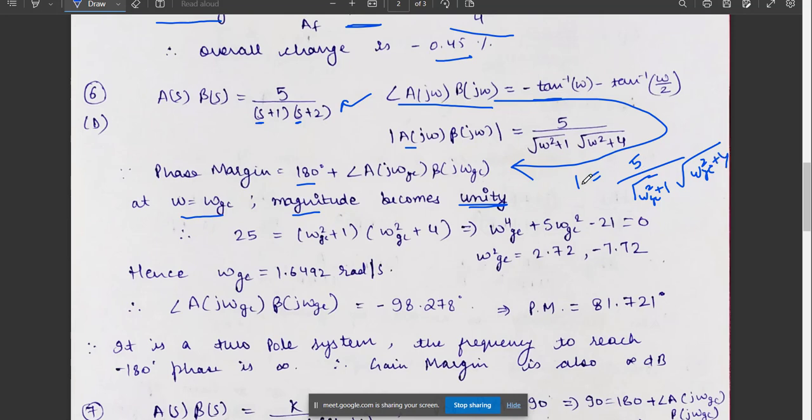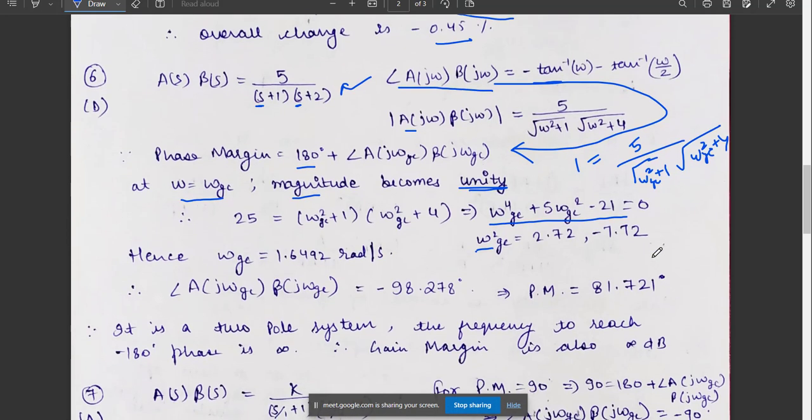Now we will square both the sides and we get 25 is equal to omega gc square plus 1 into omega gc square plus 4. This is a simple equation, and we get omega gc square is equal to 2.72, minus 7.72, and then we take the square root and get omega gc is equal to 1.6492 radian per second.